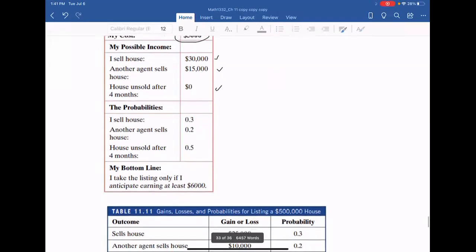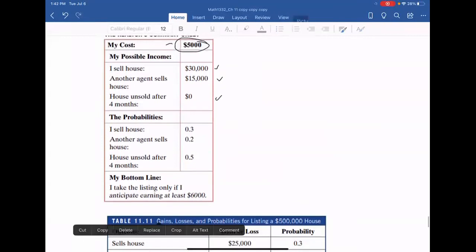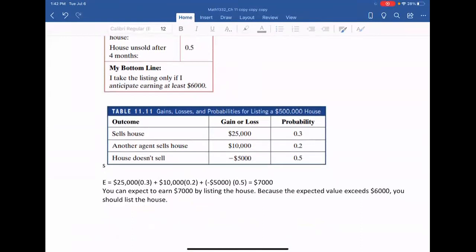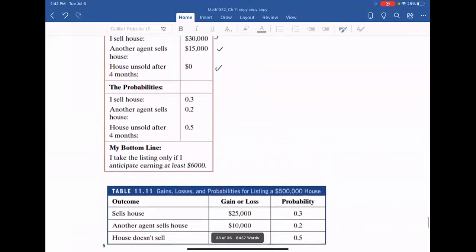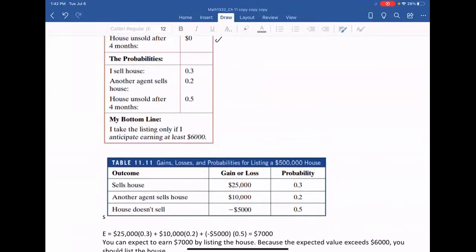So the money I can earn is 30,000 minus 5,000. So I can gain 25,000. Another agent sells the house. I need to use 15,000 minus 5,000. I can get $10,000 here. If the house doesn't sell, that means I will lose $5,000.